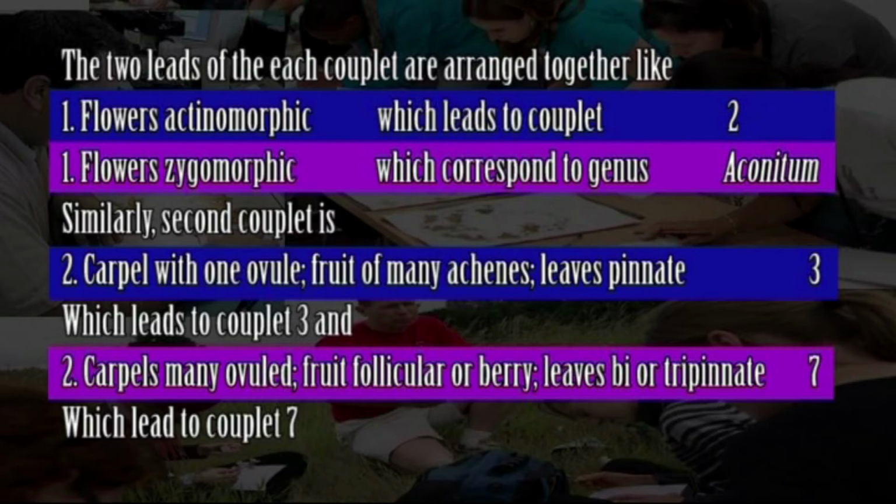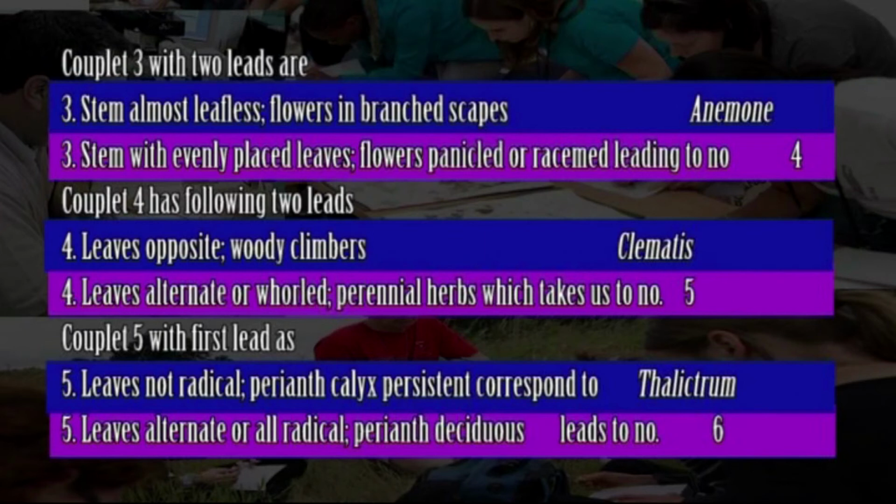Similarly, the second couplet is carpels with one ovule, fruit of many achenes, leaves pinnate, which refers us to couplet 3, and carpels many ovuled, fruit follicular or berry, leaves bi- or tripinnate, which leads to couplet 7. Couplet 3 has two leads: stem almost leafless, flowers in branched scapes.